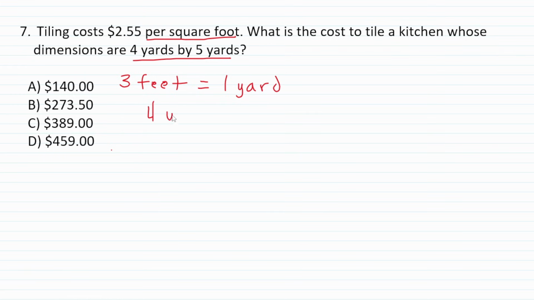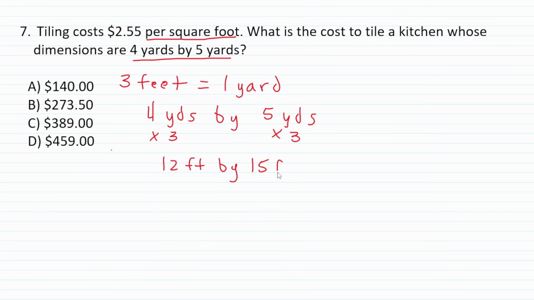So 4 yards by 5 yards can be converted to feet by multiplying both of these by 3. 4 times 3 is 12, so this is 12 feet by 5 times 3 is 15 feet. Of course, let's look at our cost. It's $2.55 per square foot.